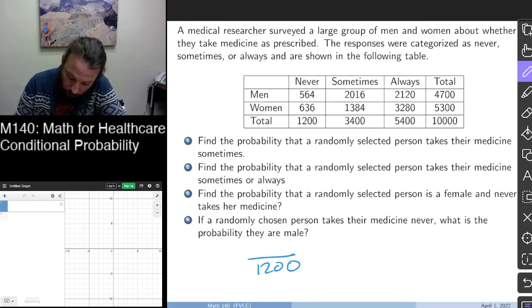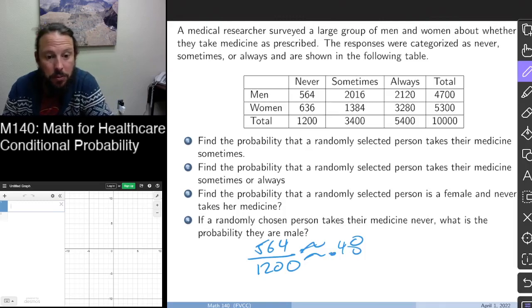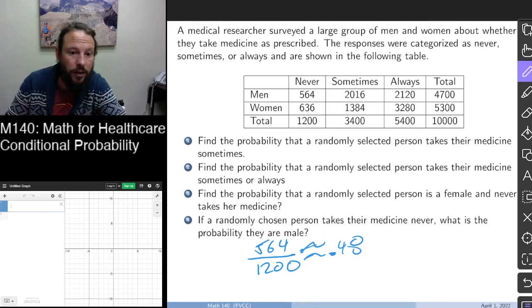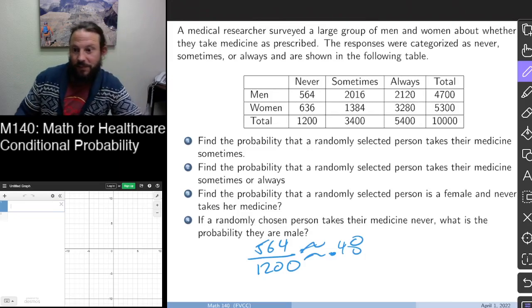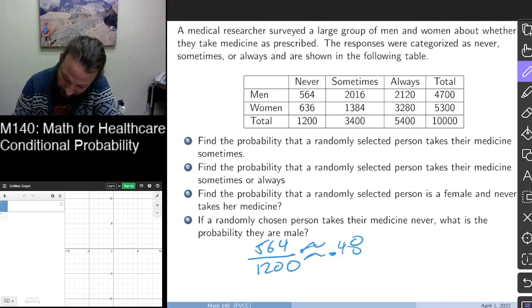How many of those 1,200 were male? 564. That's a little less than 50%, probably 0.48. I'm not going to calculate it, it's approximate, right? 600 would be 0.5 exactly. Okay, I'll do it. 564 divided by 1,200 is 0.47. Oh geez, that's really close.